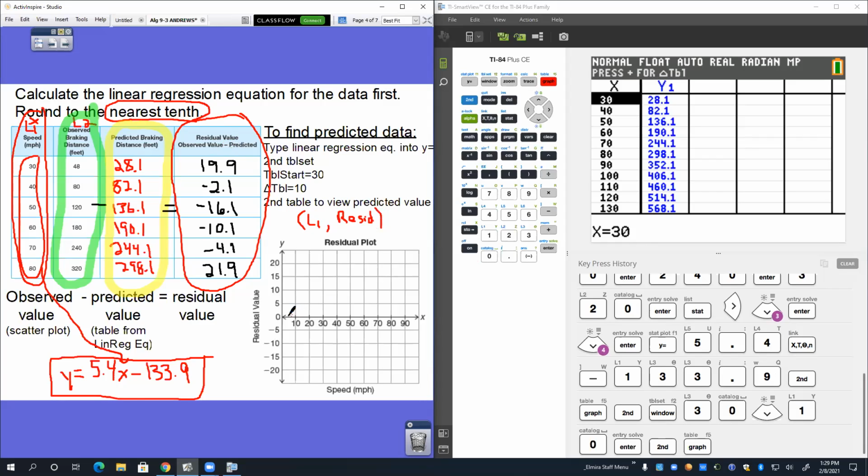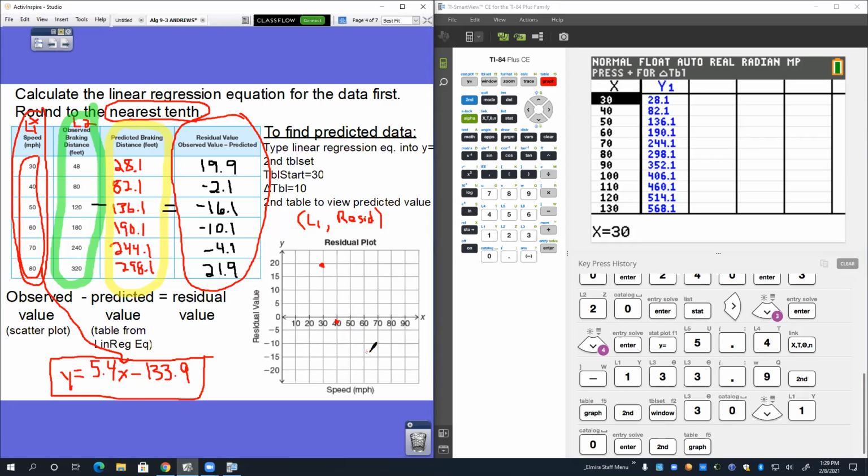So the L1 is how many we go over. Your residual value is how many we go up or down. So our first point is 30, 19.9. So over to 30, up to 19.9. And all we're going to do is make a dot right there. 40 and negative 2.1. So over to 40, down to negative 2.1.